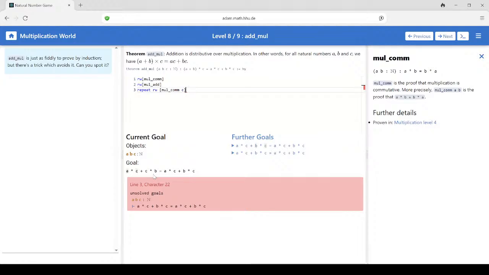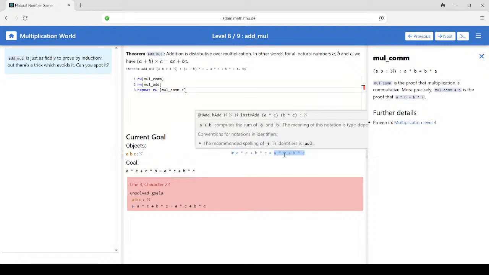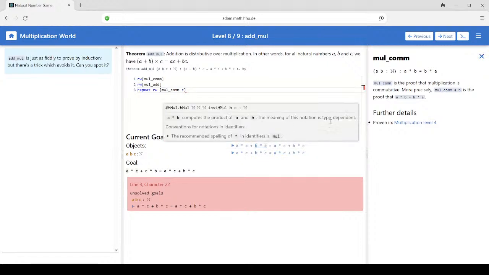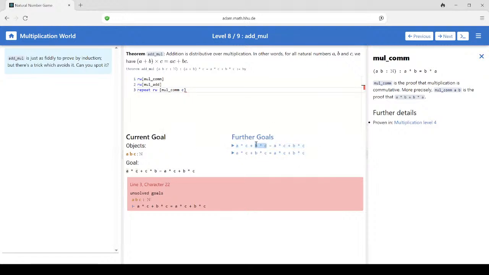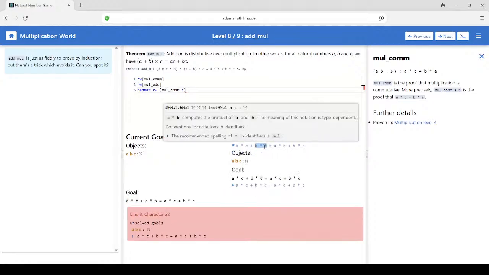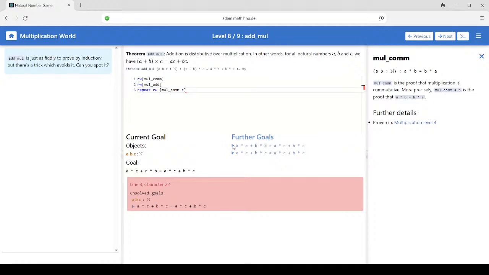It didn't change the C and the B around. Further goals?